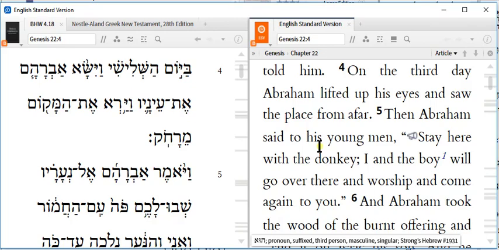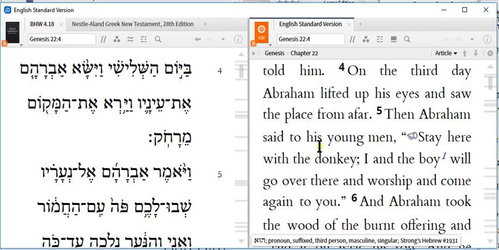I can only imagine what that's like. I've not read it, but I understand that Kierkegaard wrote an interesting reflection on this. I forget what it's called, Fear and Trembling, where he talks about this.